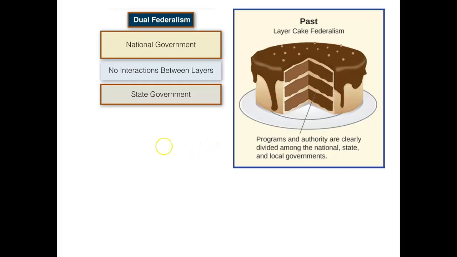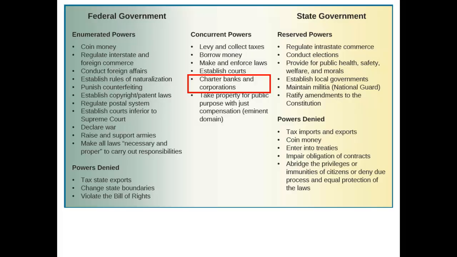So even though there was a balance, there's been a steady growth through Supreme Court cases of power to the national government. A key one has to do with this concurrent power to charter banks and corporations.